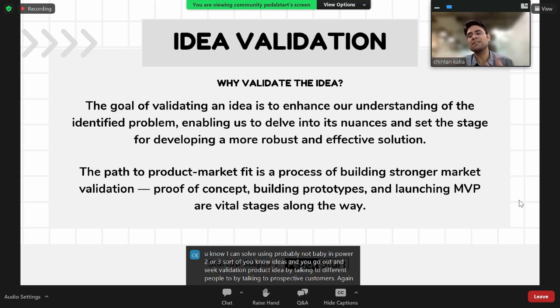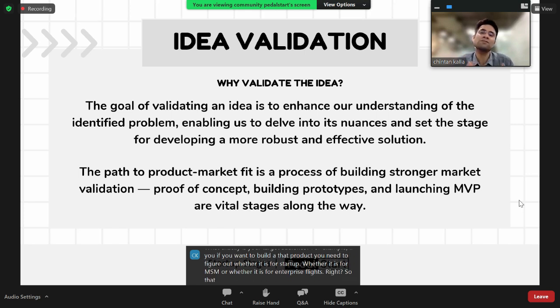Again, idea validation and POC are probably interlinked a bit. Hence, I might go into POC also while explaining idea validation. So when you try to validate your idea, you try to figure out exactly what your target audience is. For example, if you want to build a SaaS product, you need to figure out whether it is for startups, for MSMEs, or for enterprise clients, right?